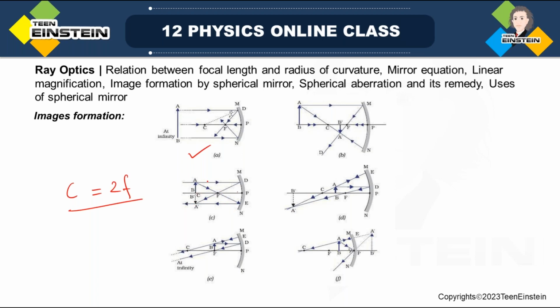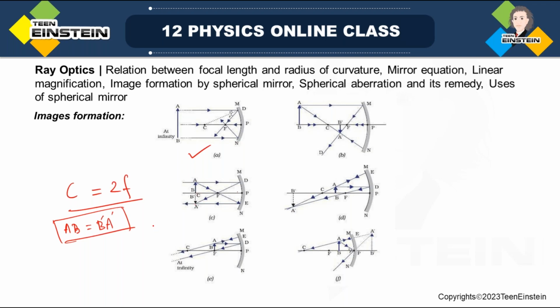After reflection, they are meeting at this point A prime. So you get B prime and A prime, and the size of the image will be exactly equal to the size of the object. So AB will give you the B prime A prime image.